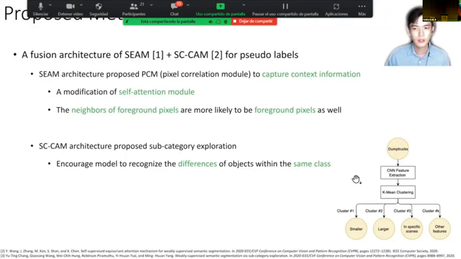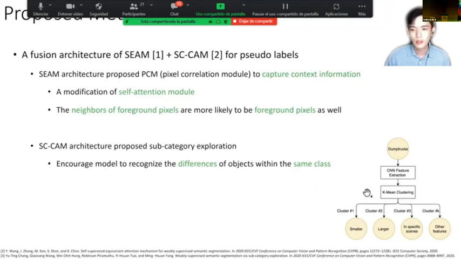Let's take dump trucks, for example. We collect all the images that contain dump trucks, and then we feed them into a CNN feature extractor, to convert each image into a meaningful feature vector. Those feature vectors are the input of k-means clustering, to cluster all the dump trucks into smaller classes.